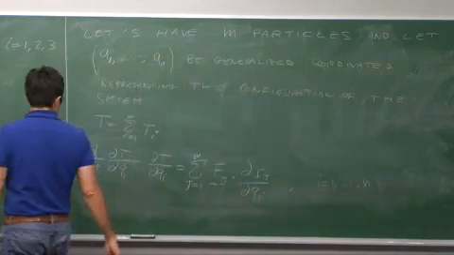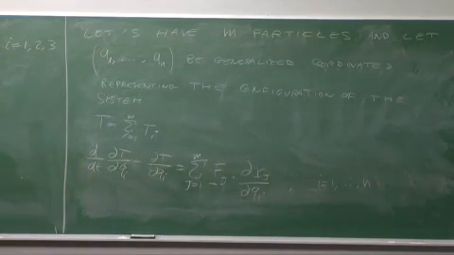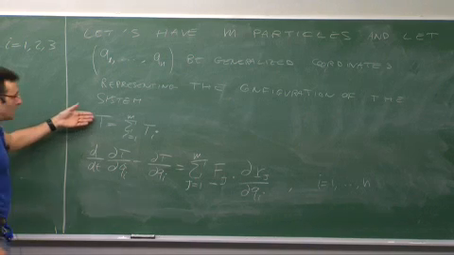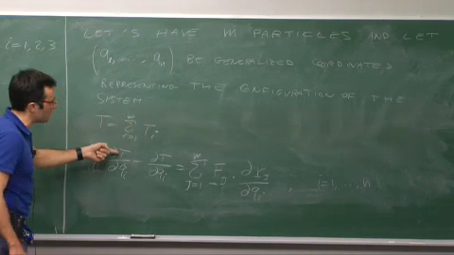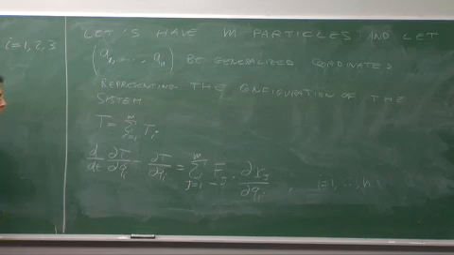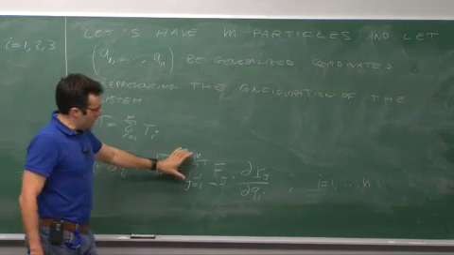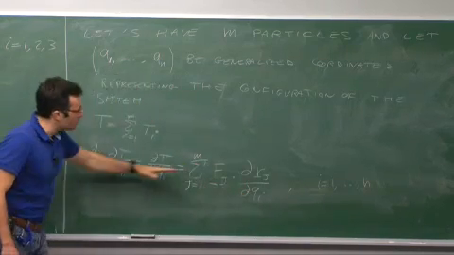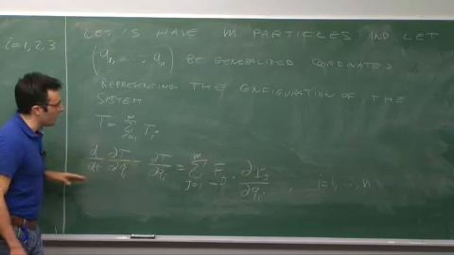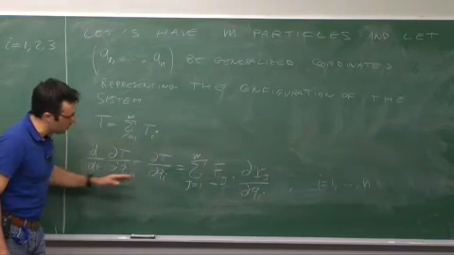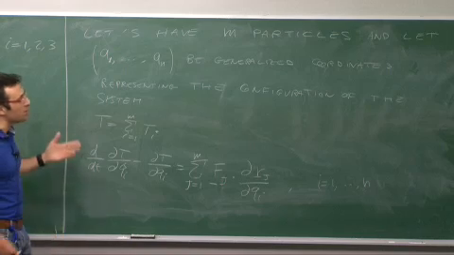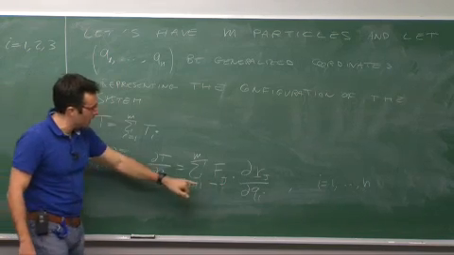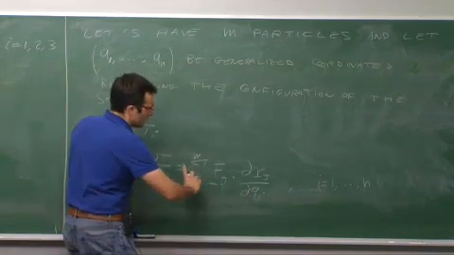So for a system of particles, pretty much it is the same. You need to be careful that you add all the kinetic energies together, and that's what you're using here, the total kinetic energy of the system of particles. And then you have one equation for each coordinate. For each generalized coordinate, you get one Lagrange equation. Here you have a summation.